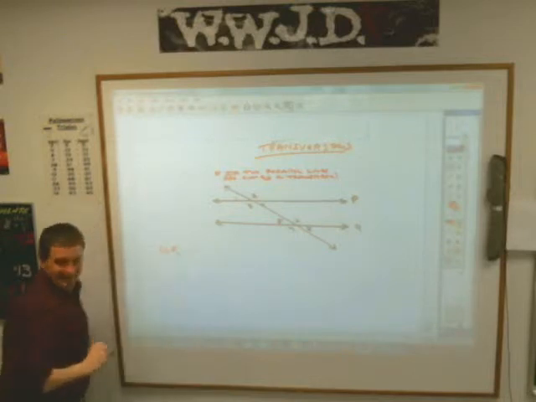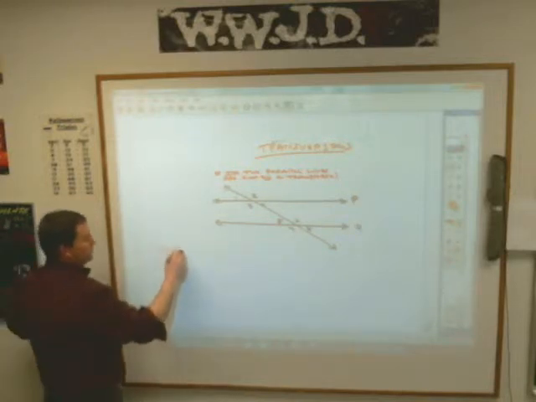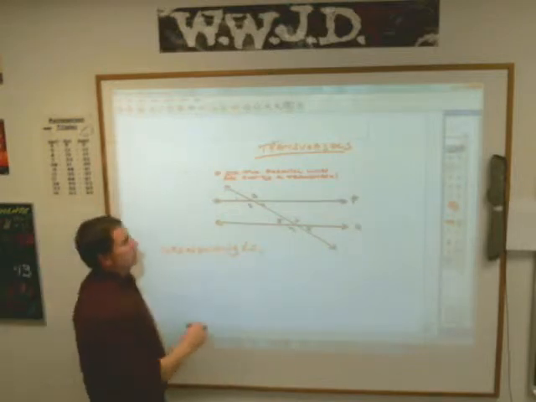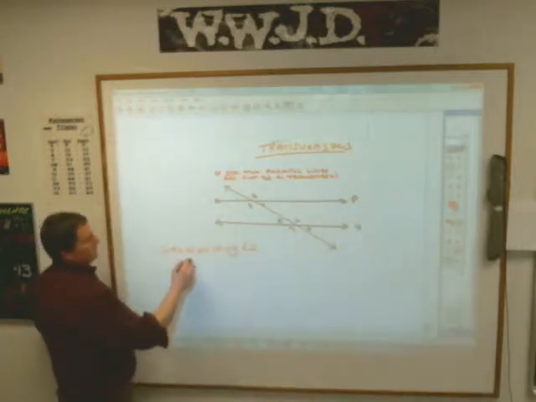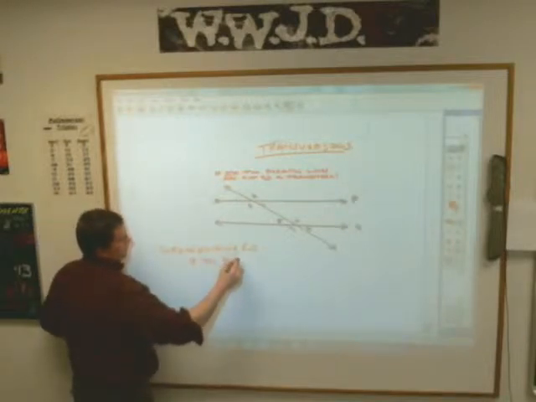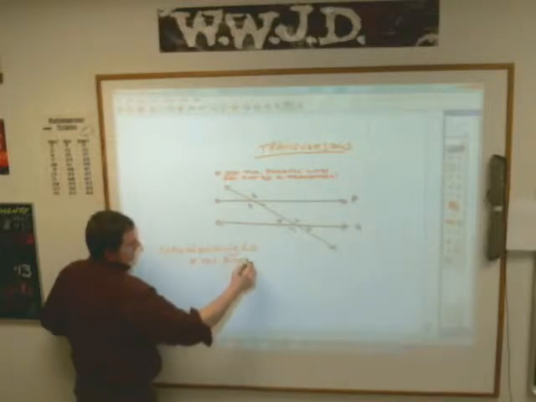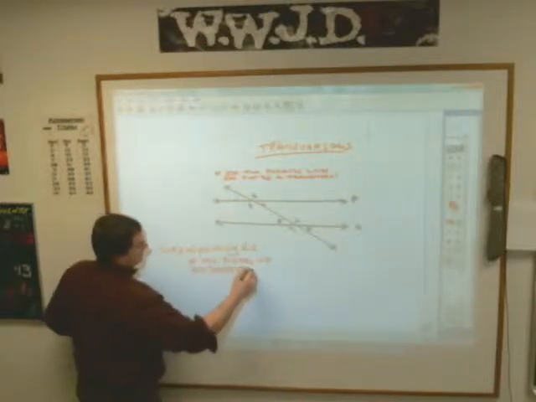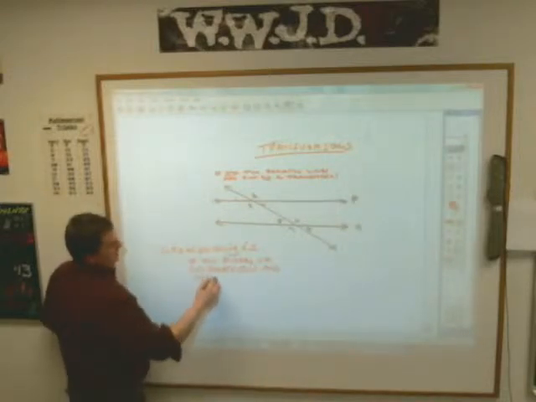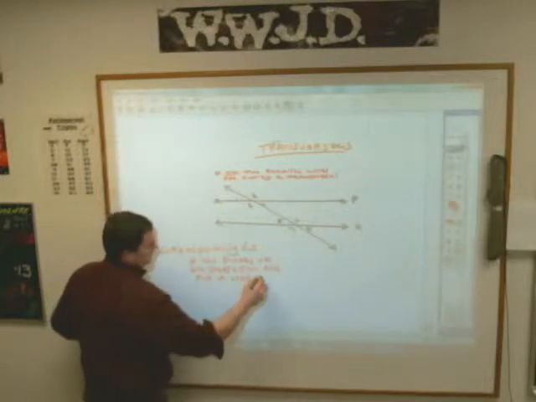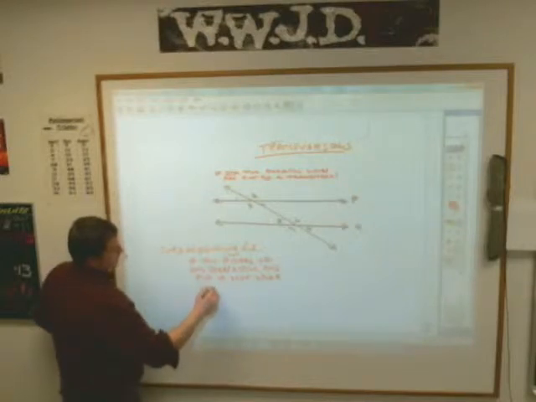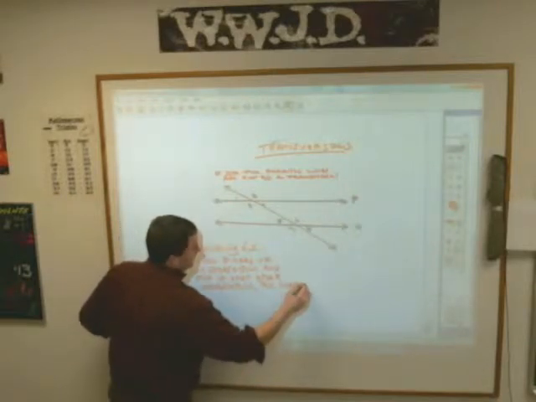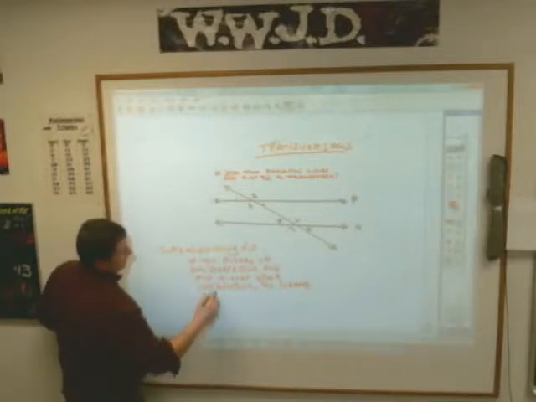What is a corresponding angle? Think about it like this: if you picked up one intersection and put it over the other intersection, the corresponding angles are on top of each other.